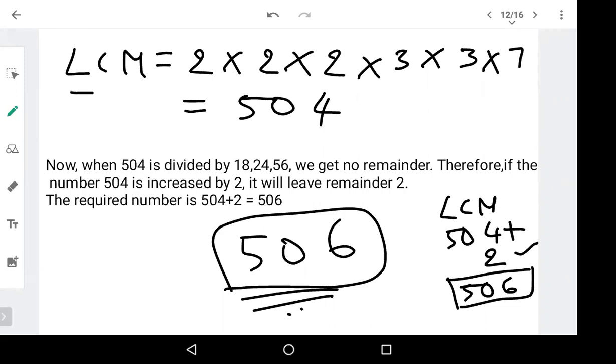The full form of LCM is least common multiple. So it is the least number that you will get. So that is why whatever remainder you require, you're supposed to add that remainder to the LCM number to get the required number. Are you all able to understand? Did you all understand what I was trying to say?